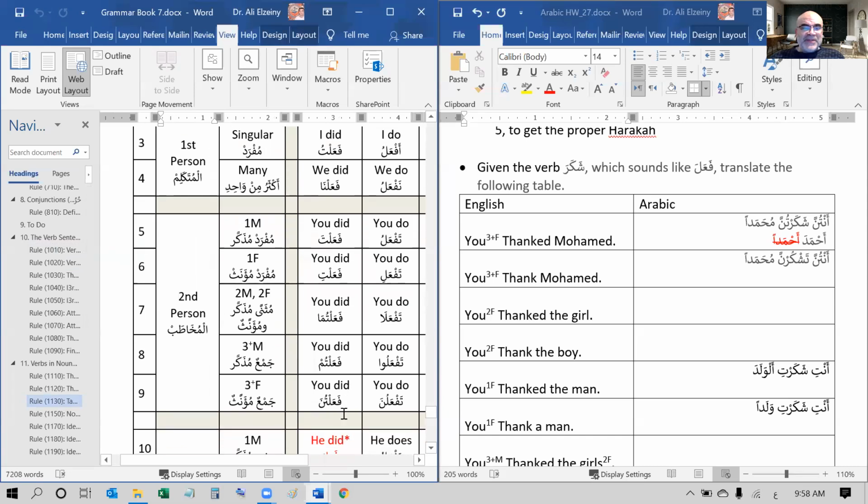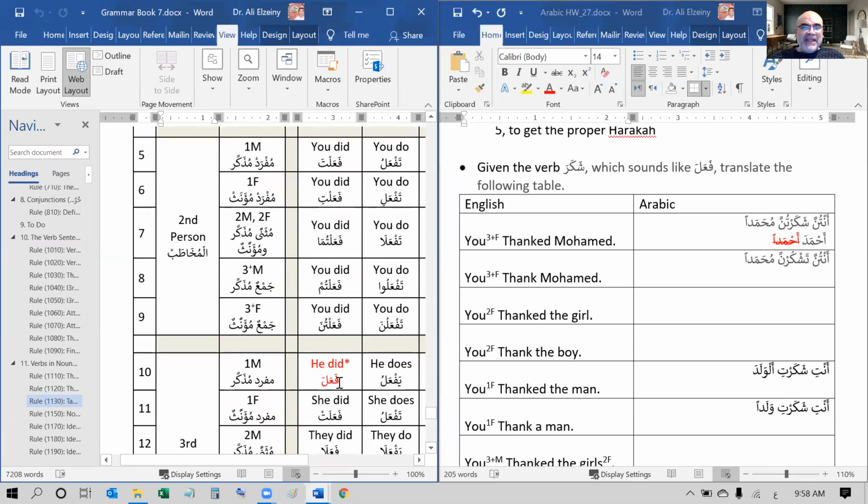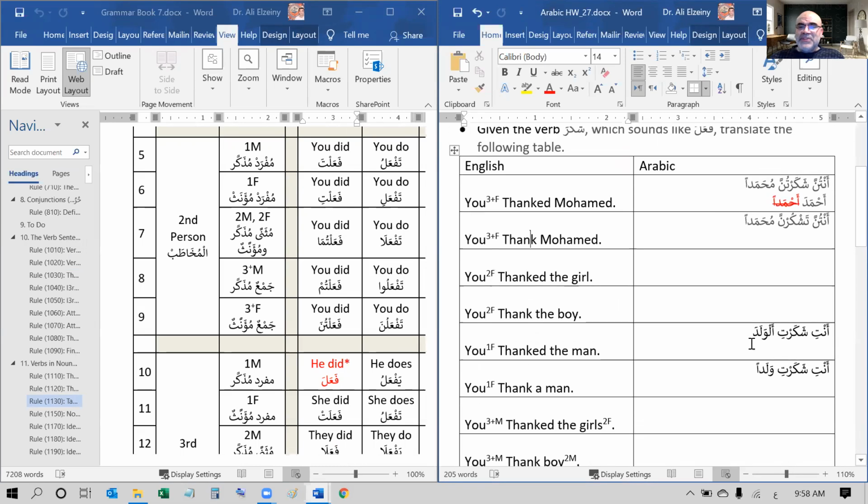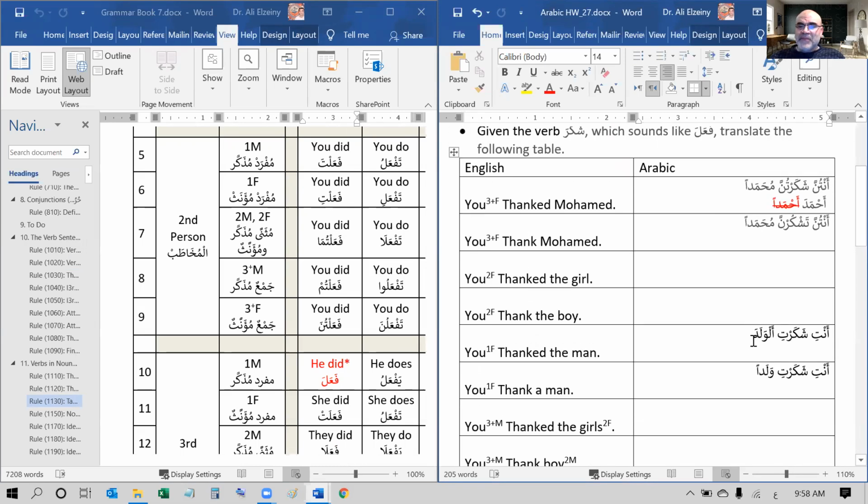So it is فعل; شكر becomes تفعلن, تشكرن. So that's the only difference: this one شكرتن and this one تشكرن. Okay, let's do this as well. You, one female, go to table 630.